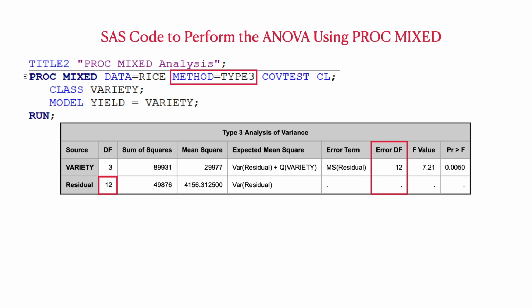Now, note also that we have an additional column in this table. We have a column that tells us the number of error degrees of freedom for variety. And so we see that that is 12, and that corresponds to the number of degrees of freedom for error that we see in that first column.